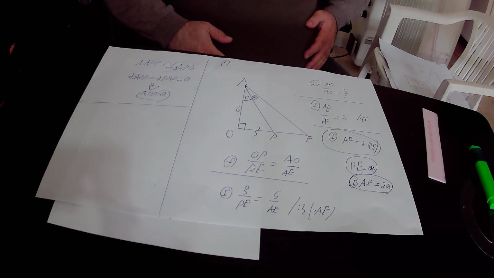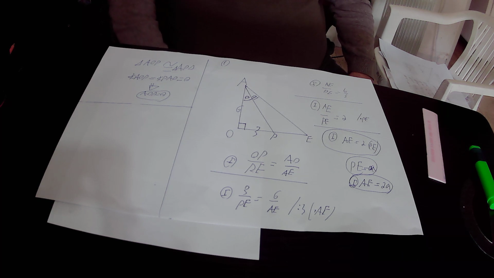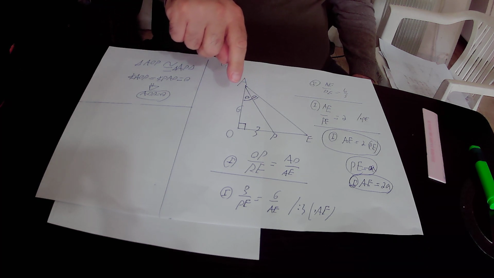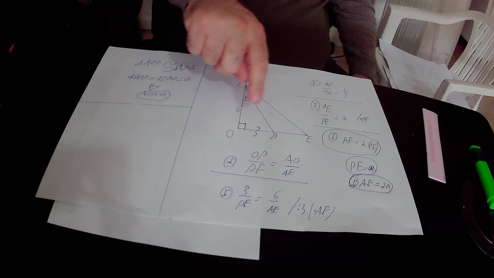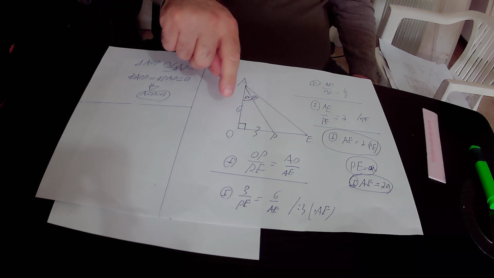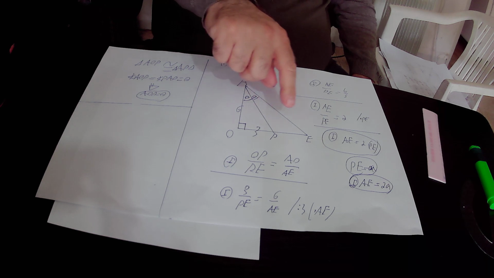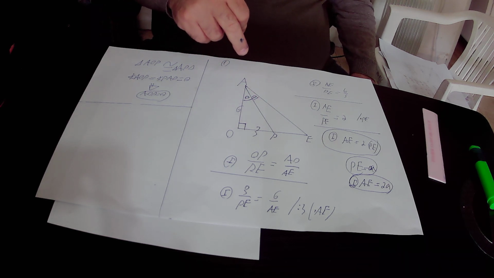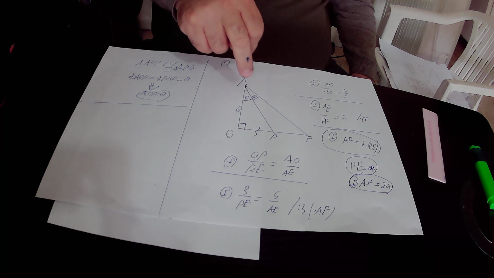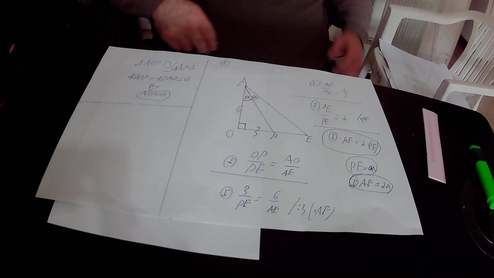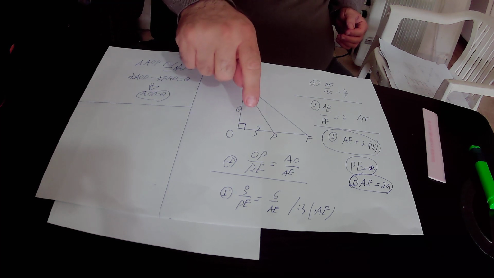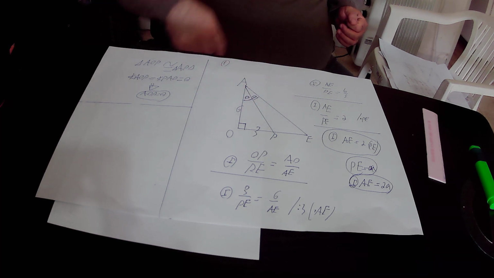According to the theorem, the angle bisector AP divides the side that it hits, side OE, in a ratio OP over PE, and this ratio equals the ratio between the angle legs, AO over AE, very simple. So in conclusion, OP over PE equals OA over AE.